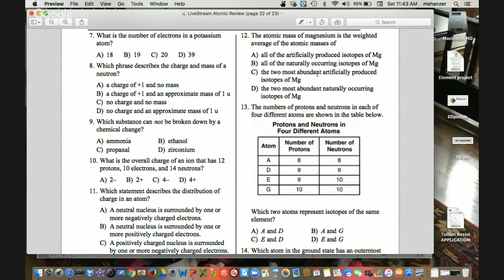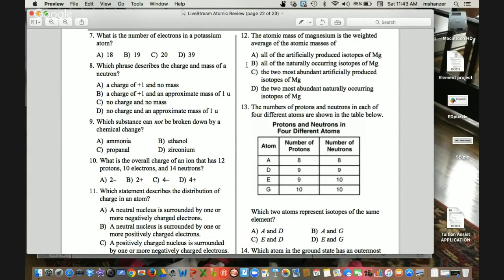The 2 most abundant artificially produced isotopes of magnesium, no, because just by saying the 2, we're limiting, we don't know how many isotopes there are, and the 2 most abundant naturally occurring isotopes of magnesium. So it's not about artificial, because that's a nuclear situation. It's always about what's found in nature. So choice B would be the correct answer.